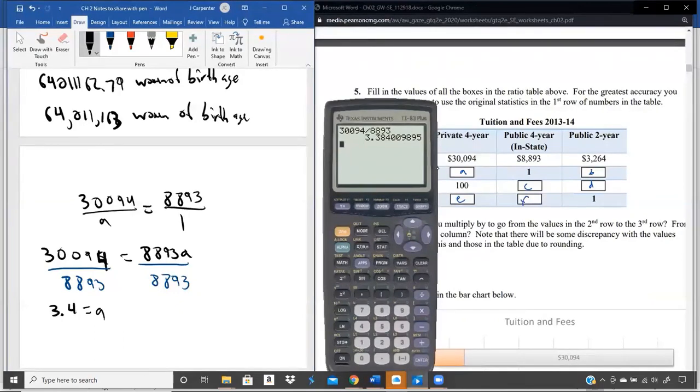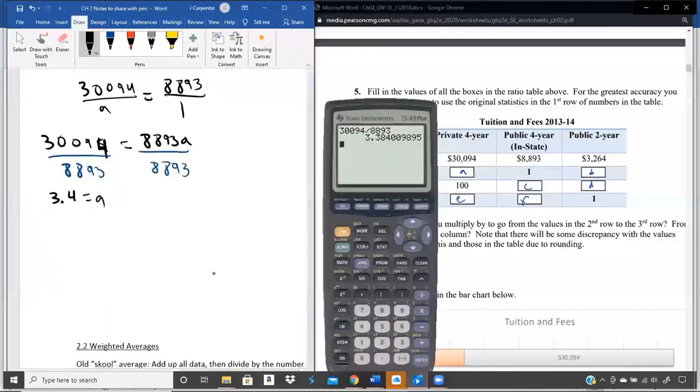So I'm going to draw my box this way. I still have 3 numbers in corners and an unknown. So I'm going to go 8893 over 1 is equal to 3264 over B. Again, this is the box. These 4 right here, all snug next to each other.